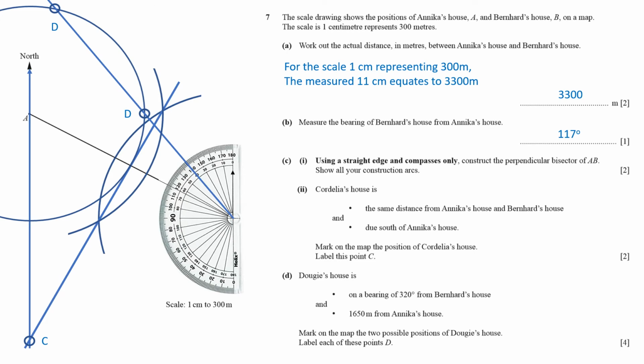The second point would require positioning the compass at 5.5 centimeters apart and inscribing an arc from the point A. The required points D are the intersects of the straight line against this arc.